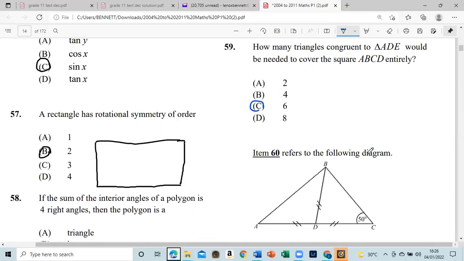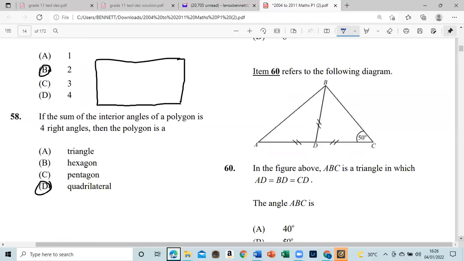Alright, and for the next one now. In the figure above, ABCD is a triangle with AB equal to BD. So that's the equilateral, and CD equal... No, hold on. Put in the figure first.